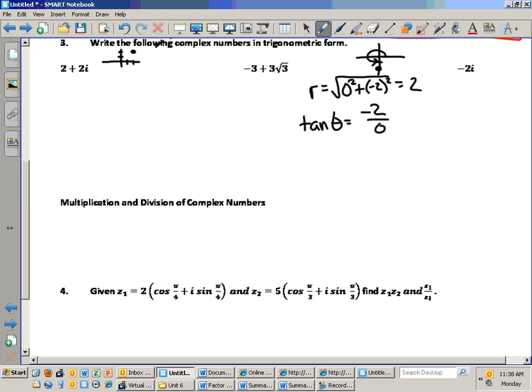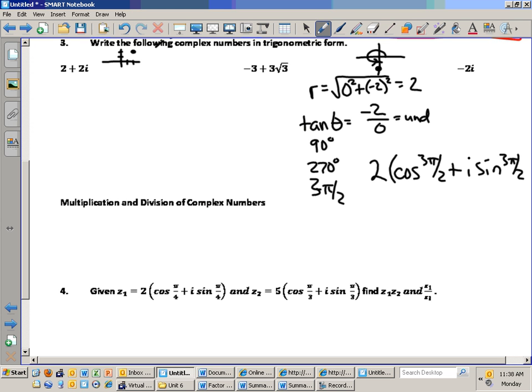Negative 2 divided by 0 is undefined. Where is tangent undefined? 90 degrees or 270 degrees. Which one do you want? 270, which is 3 pi over 2. So that means in order to write this in trig form, I have 2 times the cosine of 3 pi over 2 plus i sine of 3 pi over 2.